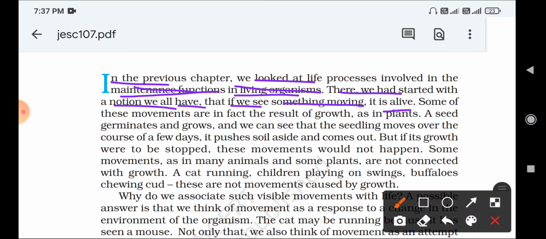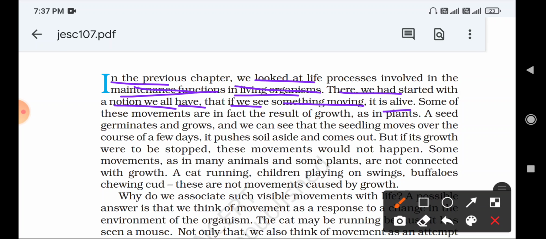In that chapter we started with the notion that living things are those that move, and on that basis we said that they are alive.